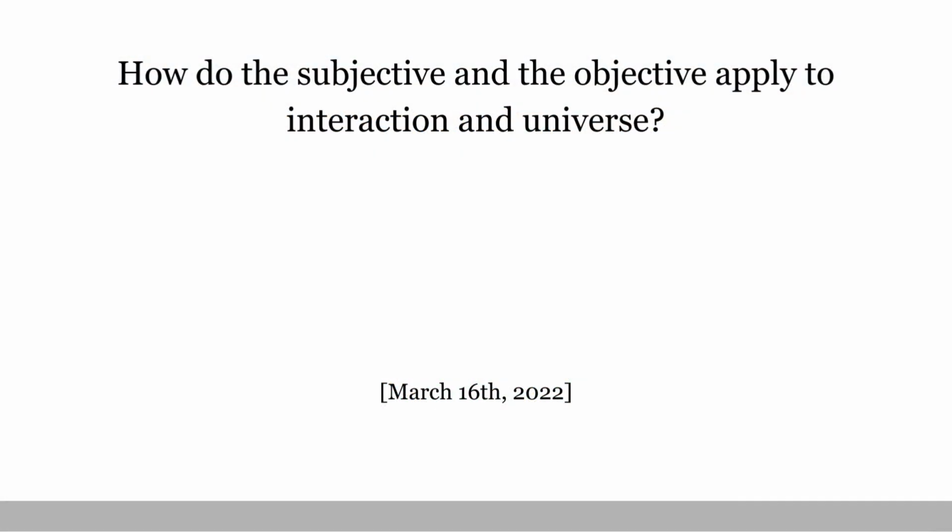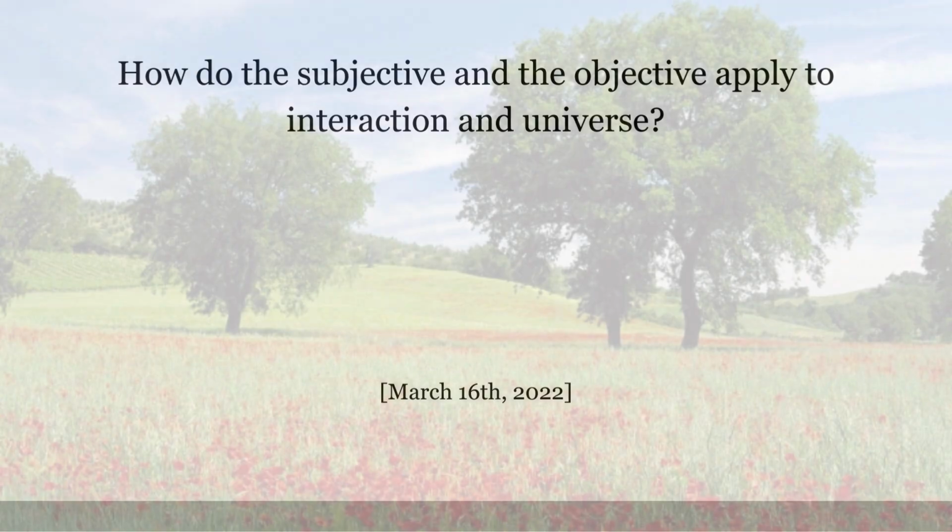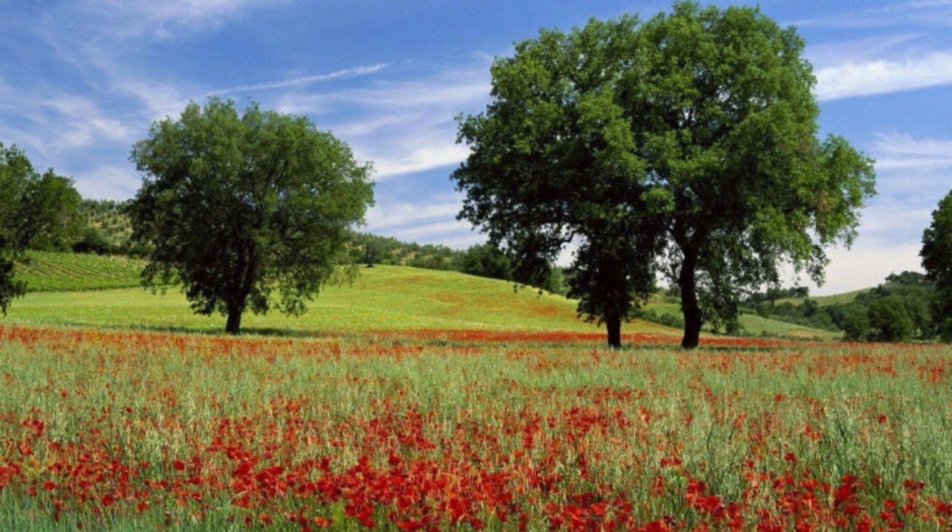How do the subjective and the objective apply to interaction and universe? Well, we could treat what the world is doing, the objective, as if it was a causal process, or we could treat it as interacting existing things.